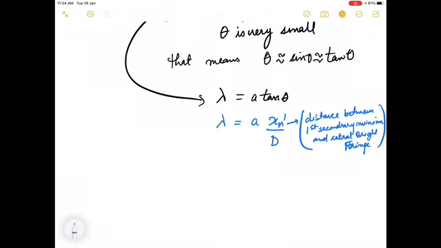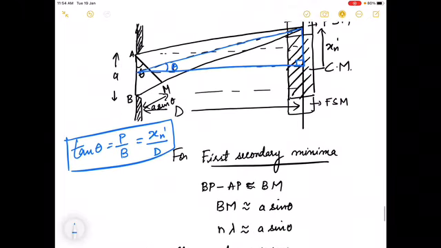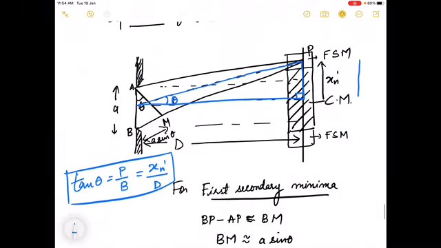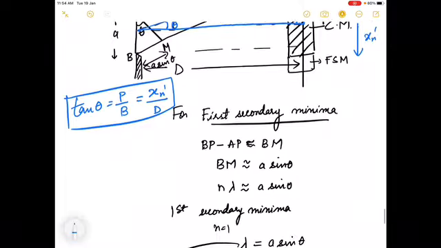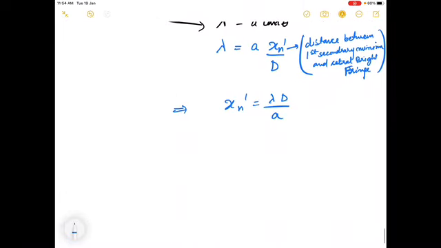Okay, so very clearly from here I can write your xn dash is actually equal to lambda D by small a, right? So this distance I know that is xn dash. So if you want to find the total distance, all you have to do is just double it. Yes or no? All you have to do is just double it, right?